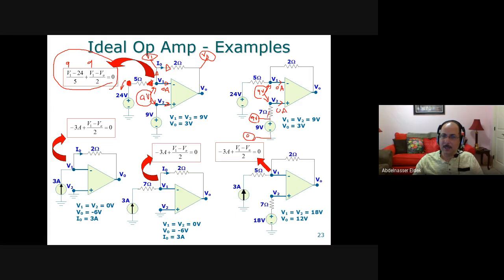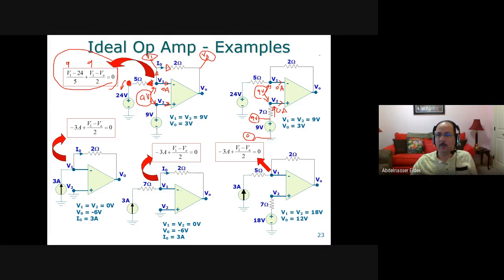This current is the same like this one here. So this current is 0. Then the current in the 7 ohm is 0. Then there is no voltage.